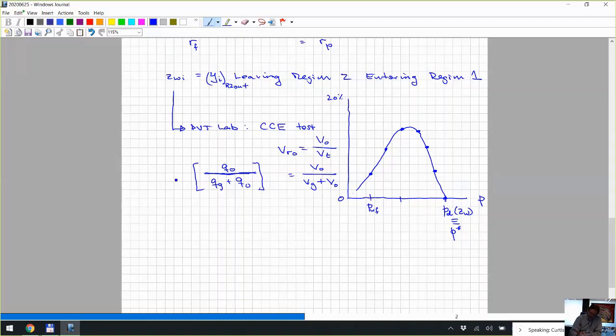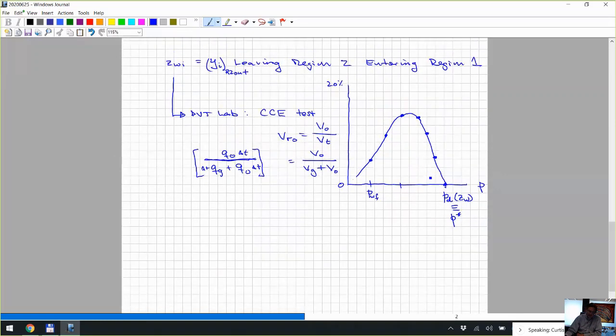That gives you those volumes at a given point in region 1, for that flowing mixture. So this QO over QG plus QO locally within region 1 needs to be given by what's seen in the laboratory CCE test. So that's the requirement.